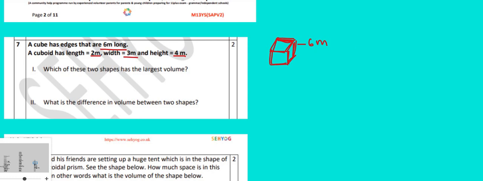And now if we draw a cuboid in a similar manner, this one right here looks like more of a cuboid. So the length is 2 meter, the width is 3 meter and the height is 4 meter. So now we need to find which one has the largest volume.